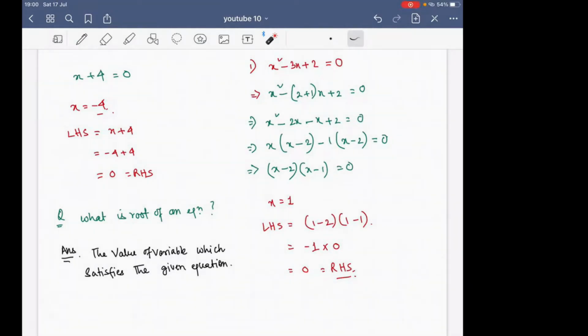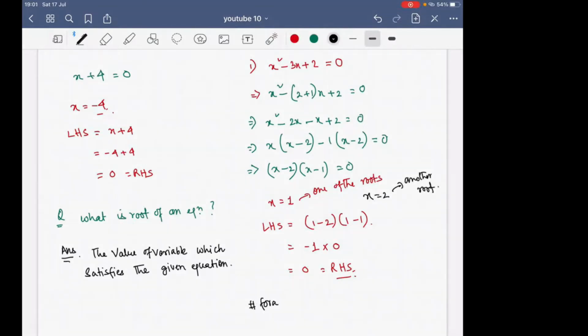So we get two roots for a quadratic equation. So the point to be noted from solving a quadratic equation is this: this is one of the roots, and we also get x is equal to 2 as the root. So this is another root.